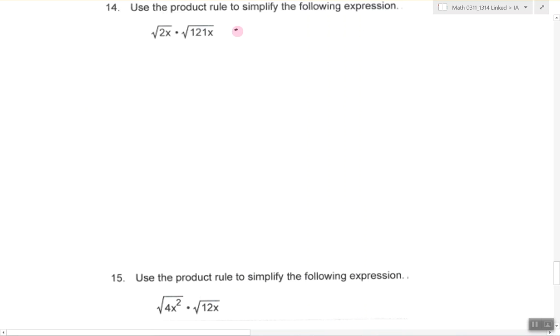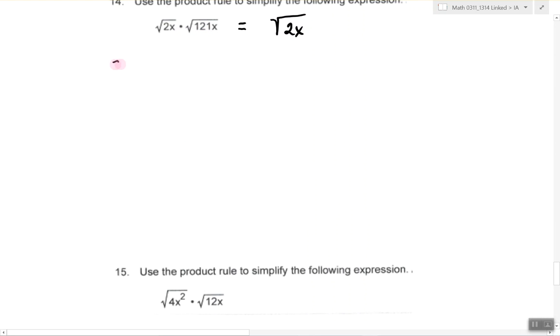So for this first one, the first thing I'm going to do is see if I can simplify either one of these. The square root of 2x has no perfect square factors in there, so I will leave it. Maybe I'll just write it over here. The square root of 2x cannot be simplified, so I leave it.